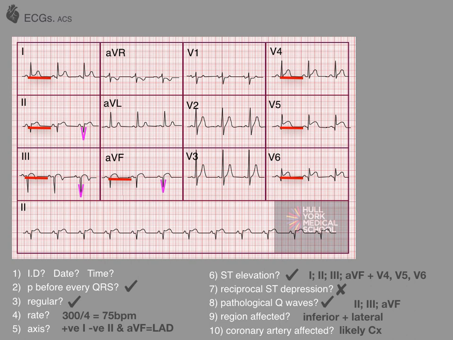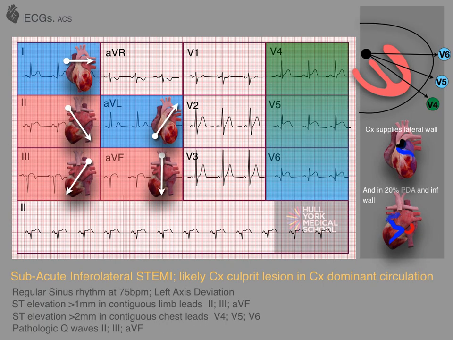And they probably have an occlusion of the circumflex artery, which also supplies the lateral wall, so both the lateral and inferior borders of the heart are being affected. So I would summarise this ECG as a subacute inferior lateral STEMI with a likely circumflex culprit lesion in a circumflex dominant circulation.